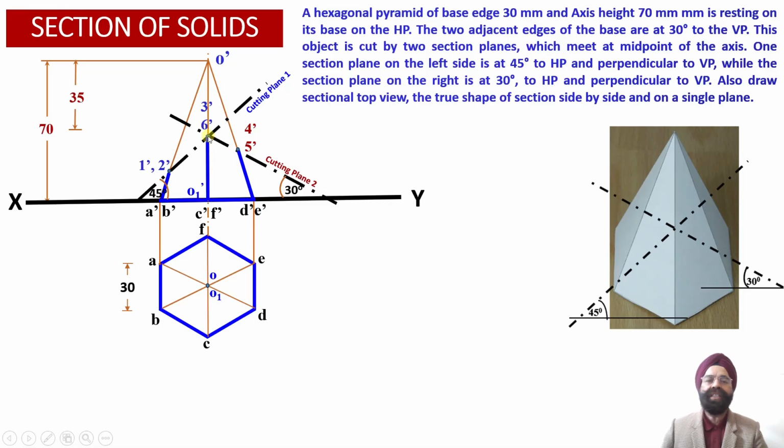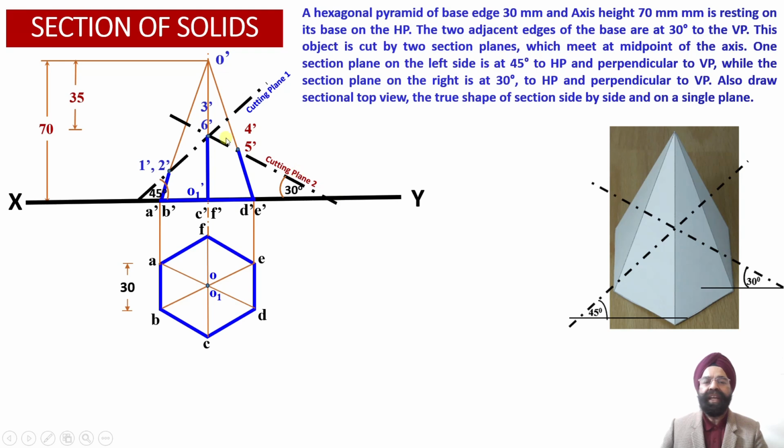Why? Because the cutting plane 2 also passes through the midpoint. So 3' and 6' will be the common points of intersection corresponding to the cutting planes 1 and 2 respectively over here.